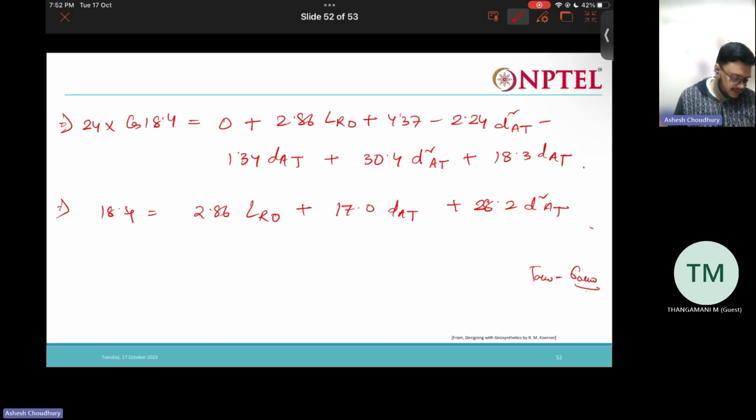Okay, first let us see that for LR naught equal to 1 meter, how much DAT you are getting, how much depth of trench is actually required.